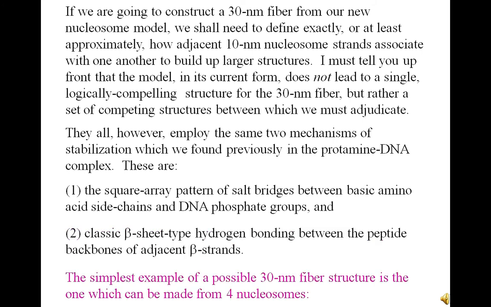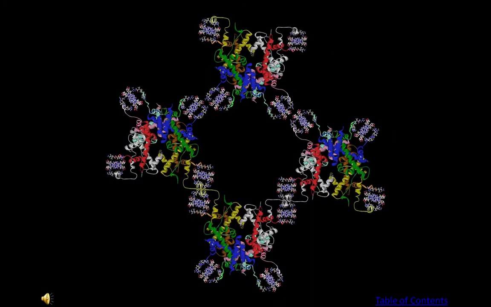The simplest example of a possible 30 nanometer fiber structure is the one which can be made from 4 nucleosomes. Here is our most simple model, although it's not one I greatly favor. Nevertheless, I'll show it because it illustrates some general principles. Chief among them is that the diameter is about 30 nanometers.